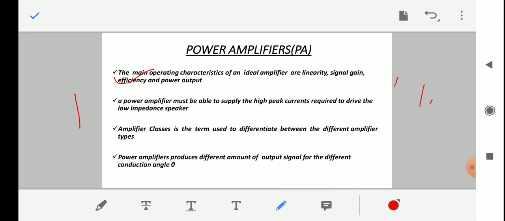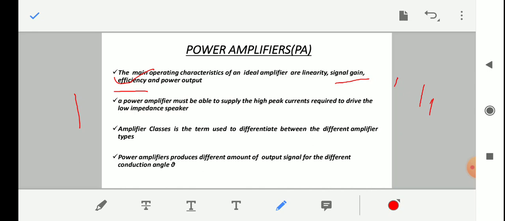If any device follows this characteristic, that device can be categorized as a linear device. The gain of the device must be greater so that the output voltage is much greater as compared to the input signals. Efficiency is the main term in power amplifiers. The efficiency is always measured in terms of output power with respect to the applied input power through the transistors.